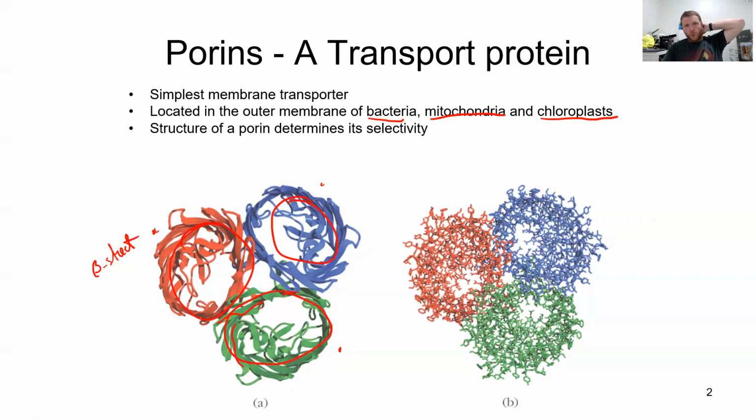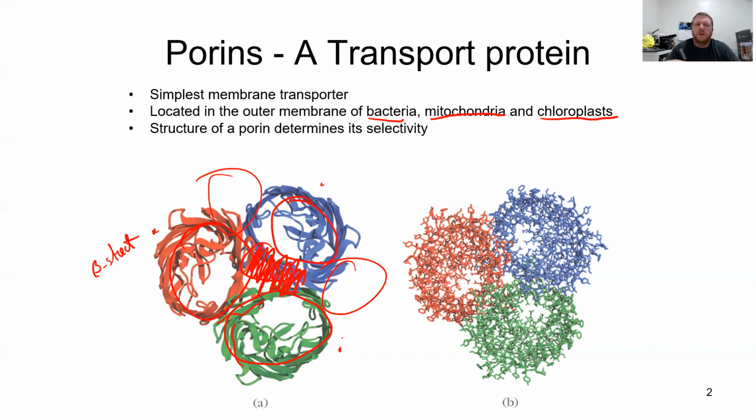Now, the structure of the porin determines its selectivity. Essentially what that means is that these porin proteins could be a little bit more complicated. You could have maybe a fourth or a fifth barrel protein, in which case the space between them that I'm just shading in right here could be larger, and it's going to be a little bit less selective.